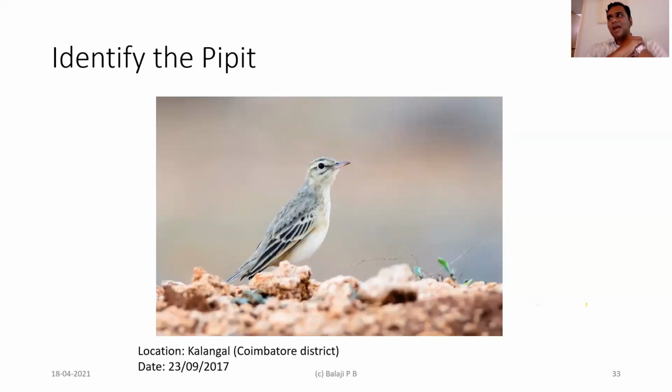So Blyth's will never have dark lores. It will have very pale lores. So that's the reason why it's not a Blyth's pipit. And if you see the chest and the upper back, there are almost no markings. So this is the main identification pointer for a tawny pipit.